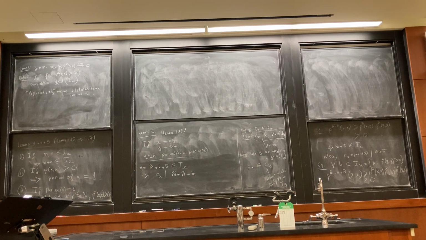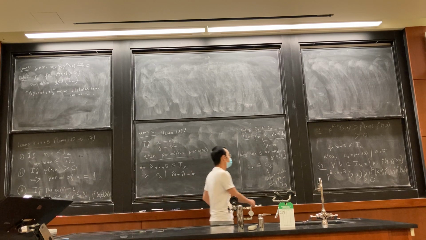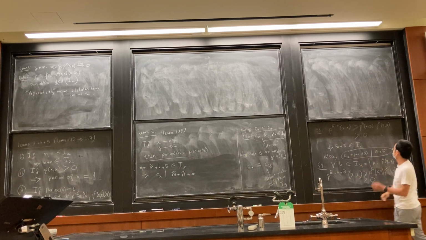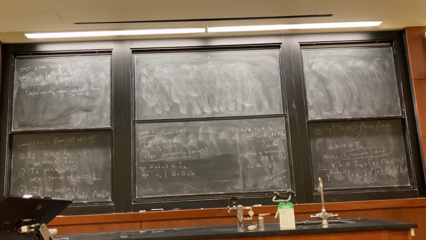So, what do I have so far? Step number one, I have Cx dividing ñ plus ñ. This is step number one. Then this is step number two.